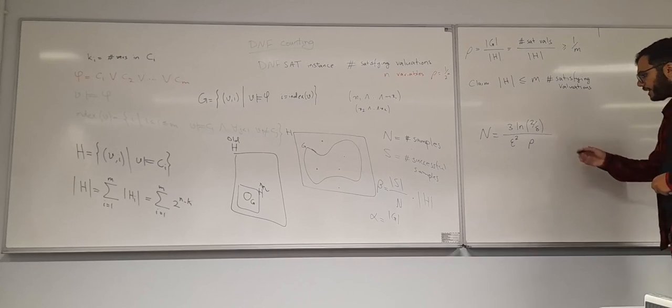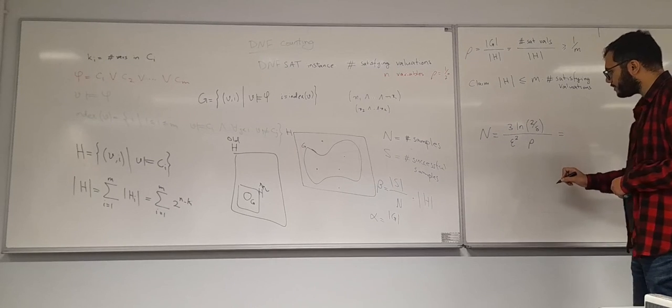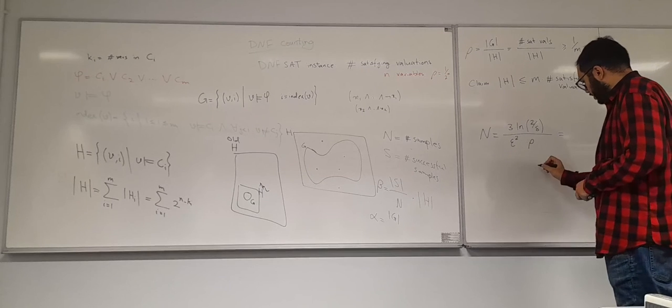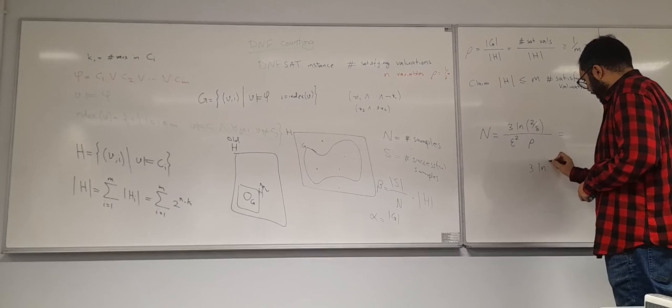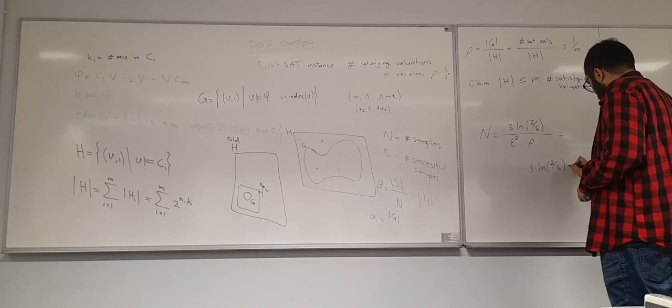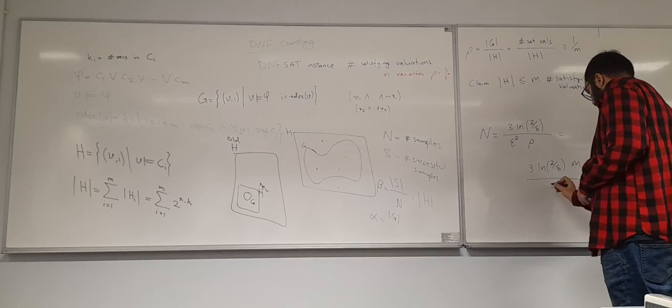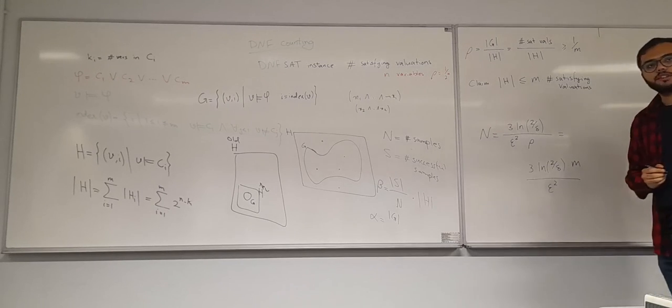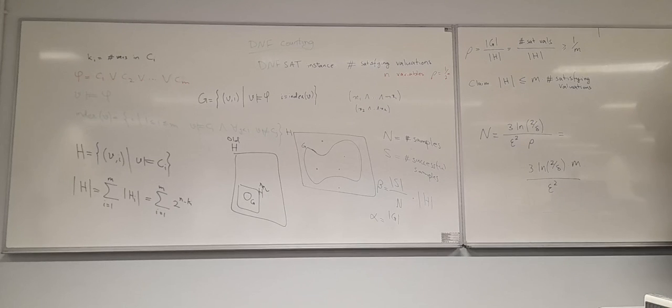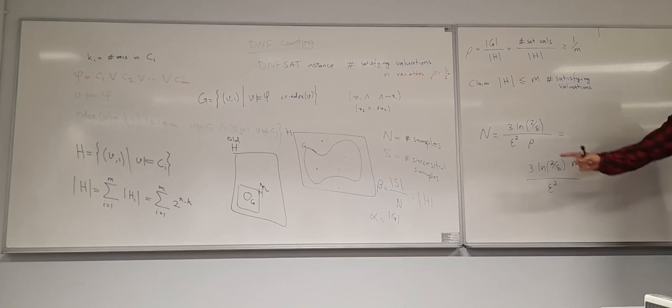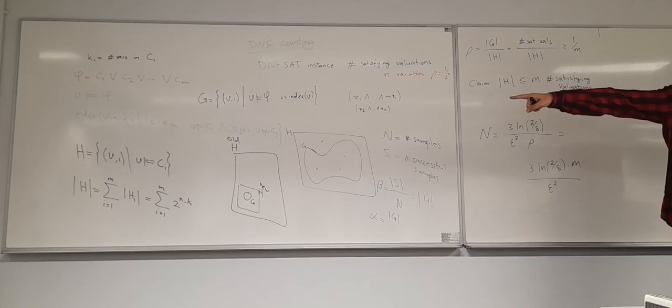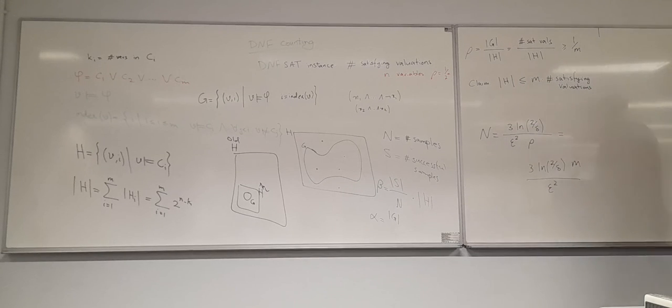So I can just set my number of samples to be 3 ln of 2 over delta times m divided by epsilon squared. Okay? Now, again, I can check every sample in linear time. So my total runtime is just this times some linear function, which is the time for checking each one of the samples.